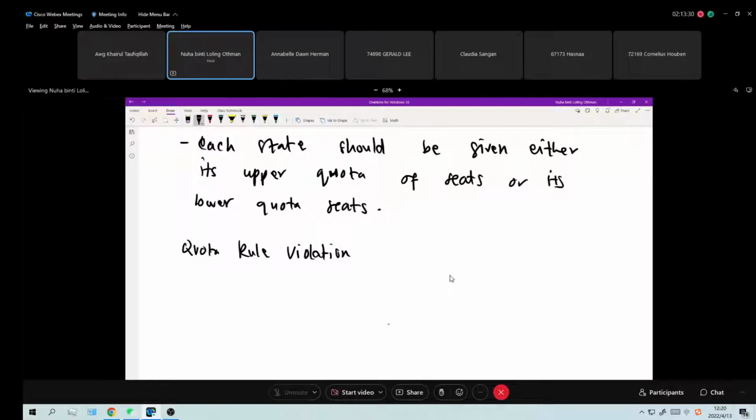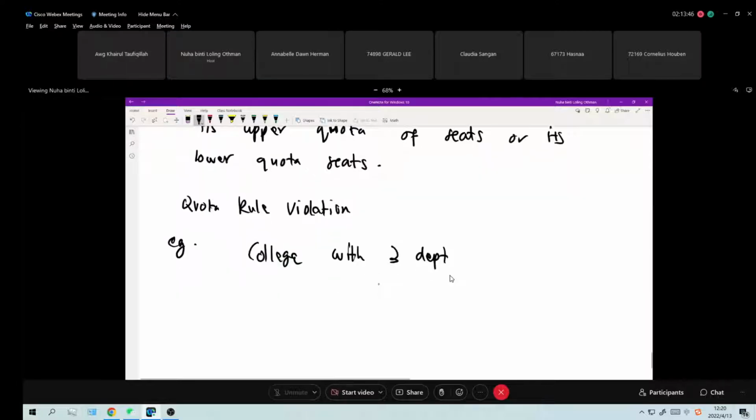Using this example, a small college with 3 departments. A department contains 98 faculty members. B department contains 689.